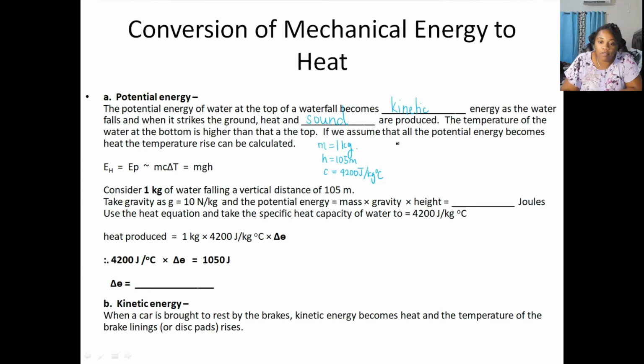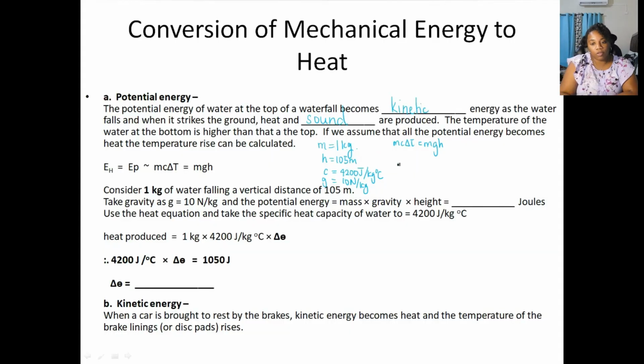And if we have mcΔT equal to mgh, and we're looking for, we have mass, we have height, we have gravity. So we're looking for temperature change, and we're going to take gravity to be equal to 10 newtons per kilogram. What we will find is that we're going to start dividing.